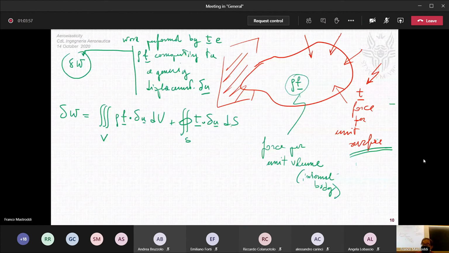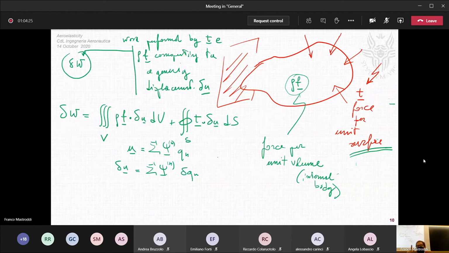What about U? U is the displacement expressed like psi m qn. So a generic, or if you prefer arbitrary, displacement delta U is given by the combination of the same shape functions by an arbitrary set of delta Qn.